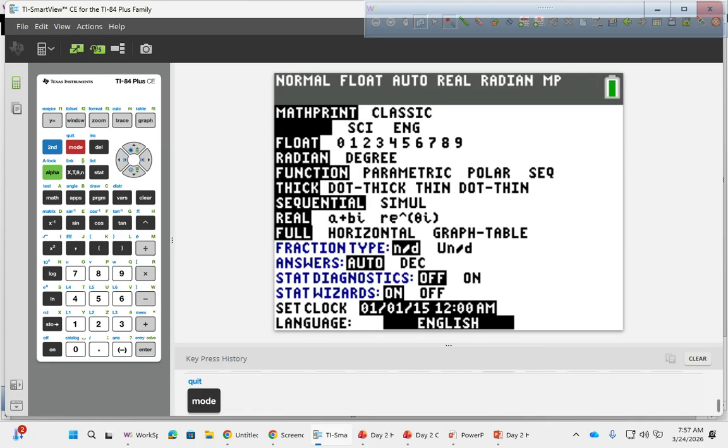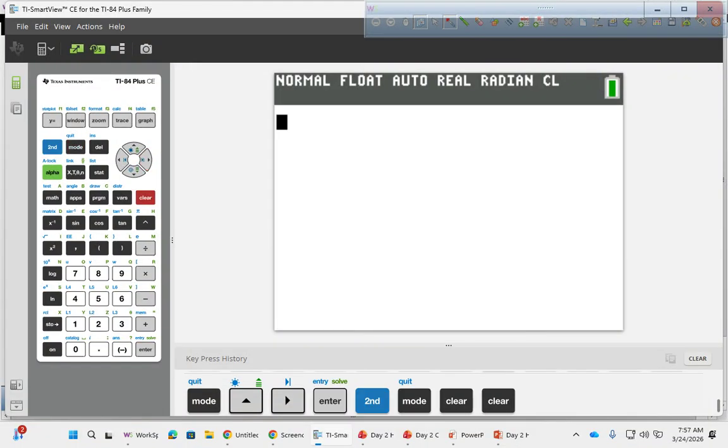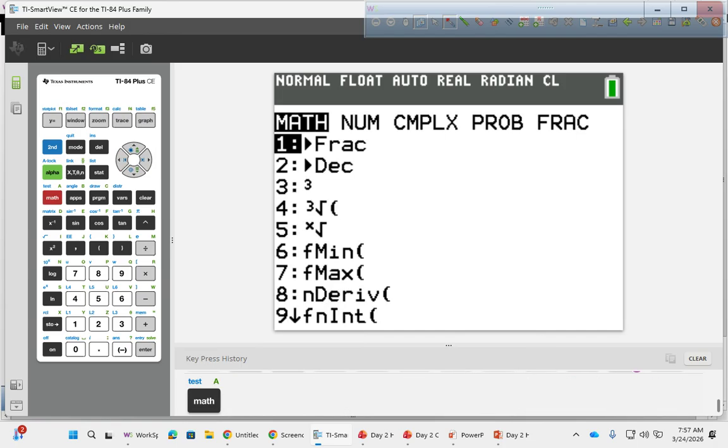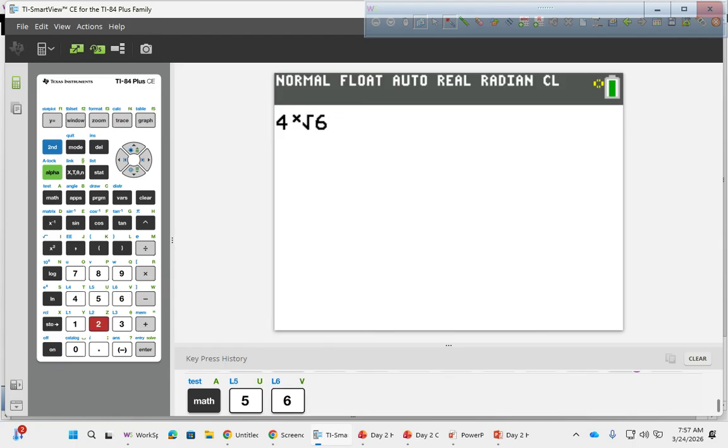I don't have to do anything more with that. Your calculator also might look like this. This is just like an older version of the calculator. When I hit math 5, if I get this, if you have a calculator that looks like this, you have to type the 4, the little number, before you hit math 5, right? So I need the 4 to be in front of this. And then I hit math 5, and then I do 625.